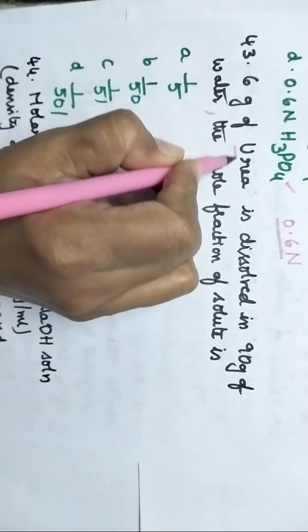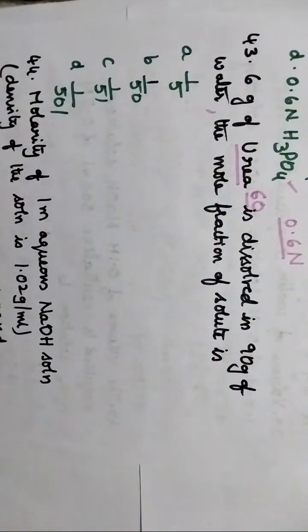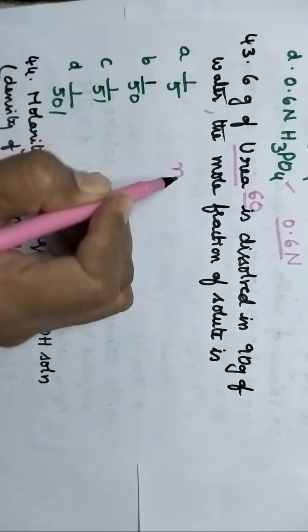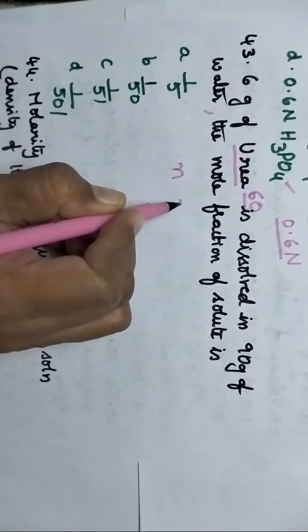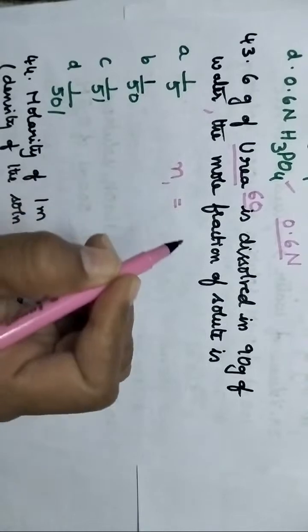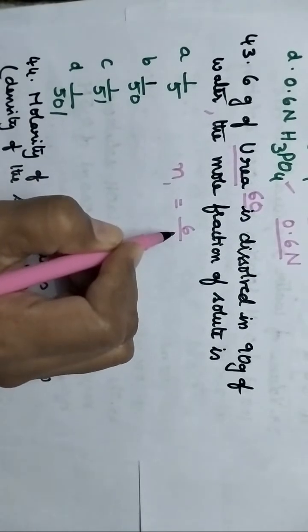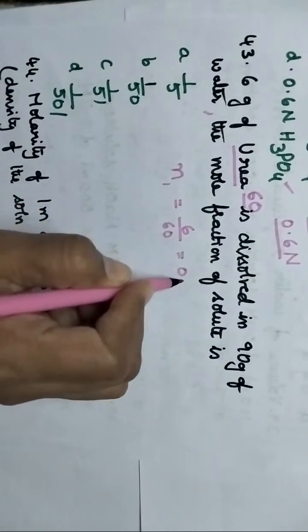The gram molecular weight of urea is 60. So you first find the number of moles of urea. n1 is equal to weight by gram molecular weight, 0.1.